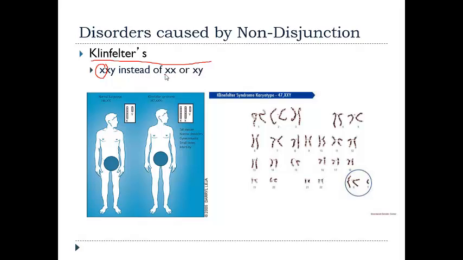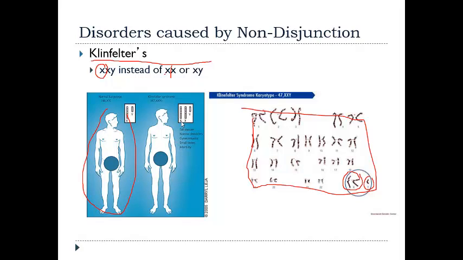Normally, boys and girls have just 2, because remember we have 2 parents. So a girl would have 2 X chromosomes, and a boy would have an X and a Y chromosome. If we look at the karyotype here, someone with Klinefelter's ends up with 2 X and 1 Y. So this is going to make for some different physical features for them. Here's our normal male, and you can see someone with Klinefelter's is a little bit different.